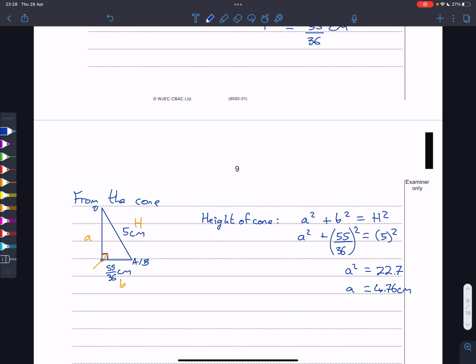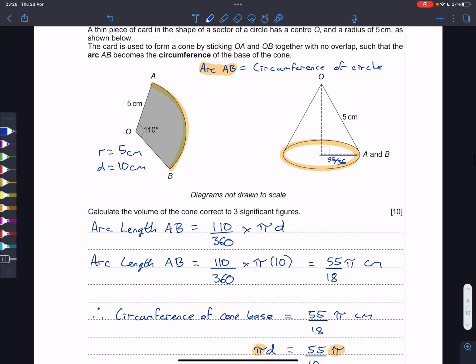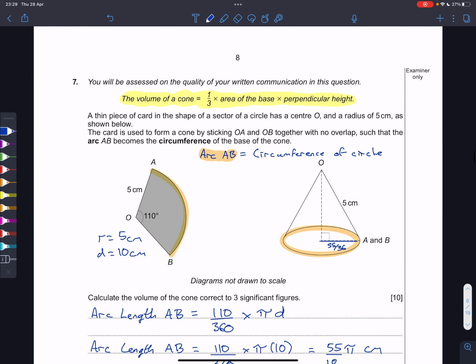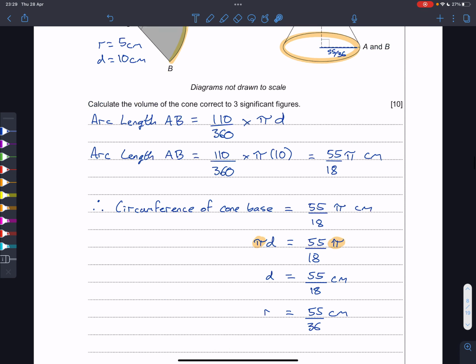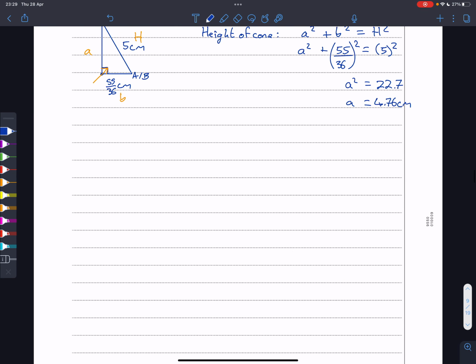Okay, so now I have got the height, and I can work out the area of the base. So I'm ready to use the volume formula for a cone. The volume of a cone equals 1/3 of the area of the base, so pi r squared, times the perpendicular height.